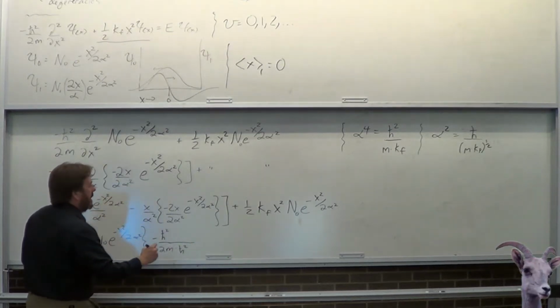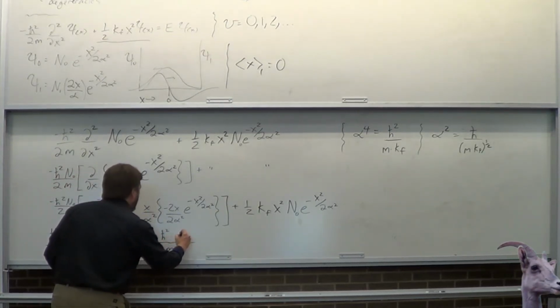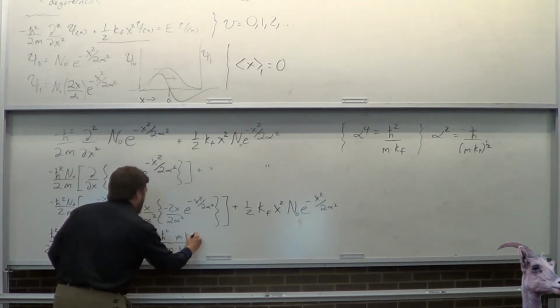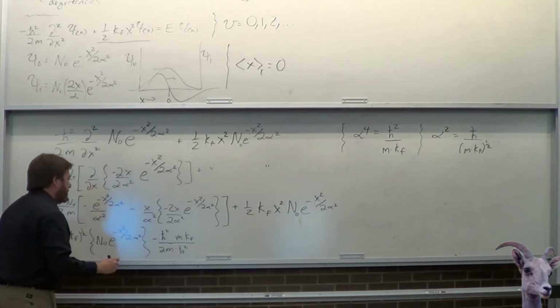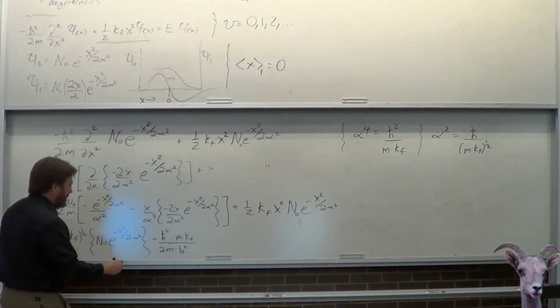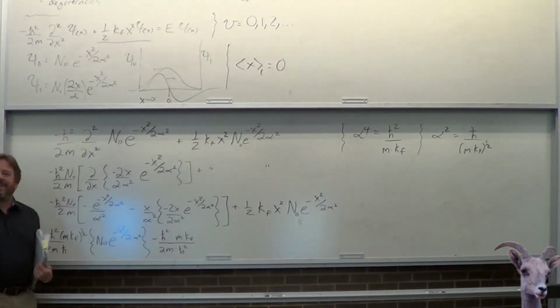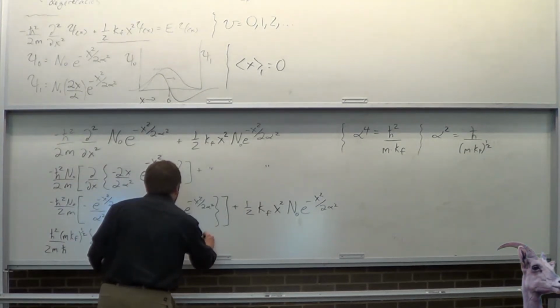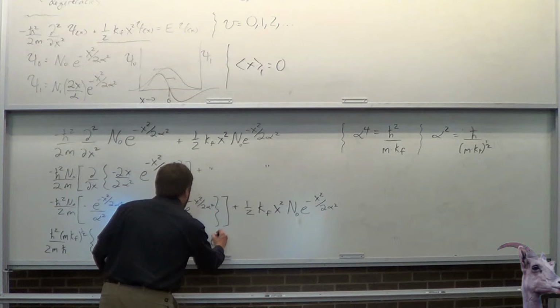Just like a puzzle. I'm kind of nervous because I notice, oh look at that, the m's are canceled, kf. Look at that, it's minus half kf. You see that? It's minus half kf. Oh, but I better have the wave function. The wave function better come back.